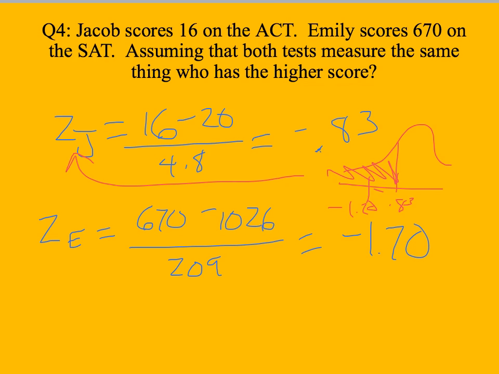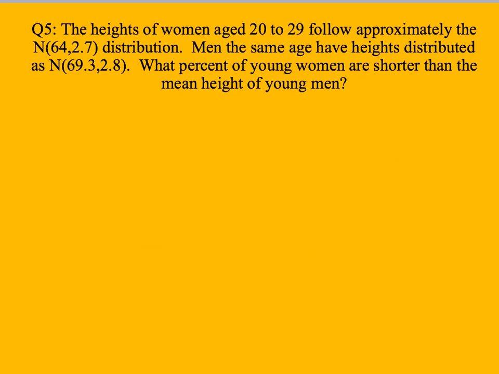Okay. Next question. Here's one where the heights of women are given to you. The average height is 64 and the standard deviation is 2.7. Men also have their height shown, average of 69.3, standard deviation of 2.8. It says, what percent of young women are shorter than the mean height of young men? So you've got to think about what it's really telling you.